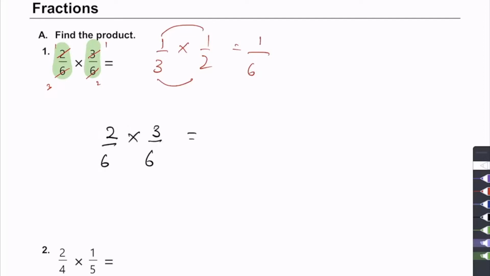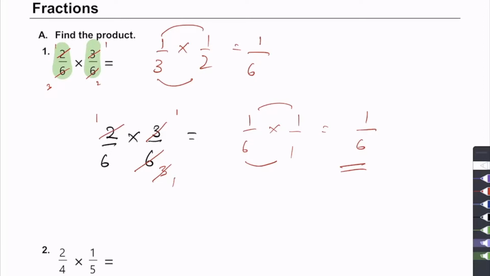So in this case, I could say that 2's into 2 go 1, 2's into 6 go 3, 3's into 3 go 1, 3's into 3 go 1. Therefore, I'm left with 1/6 times 1/1, and the answer is just 1/6.